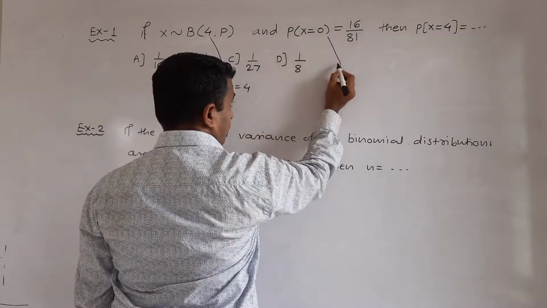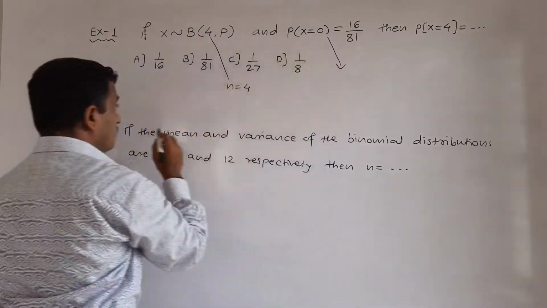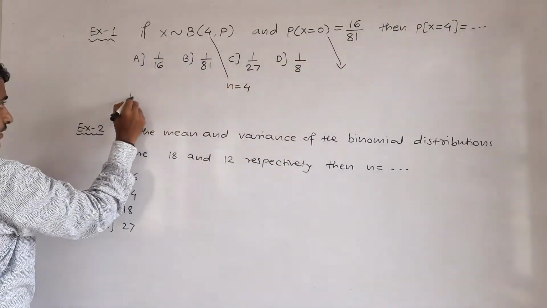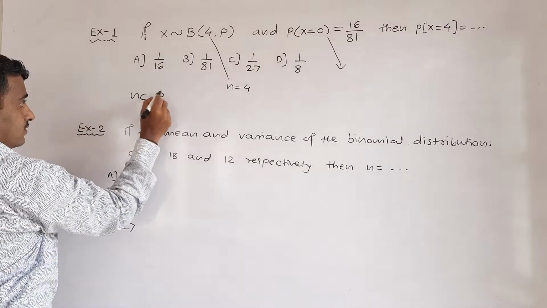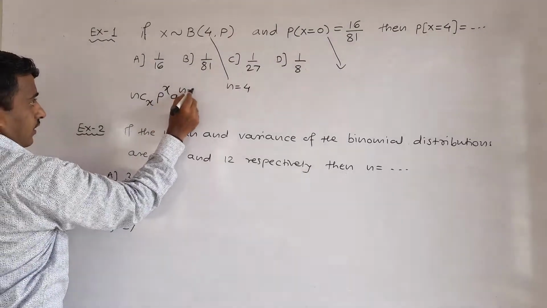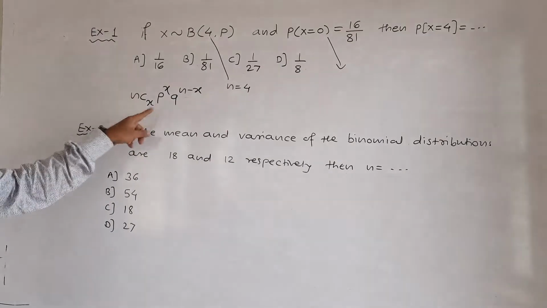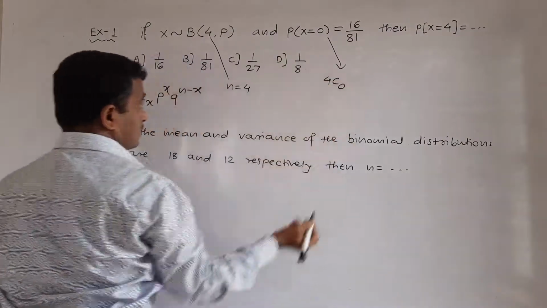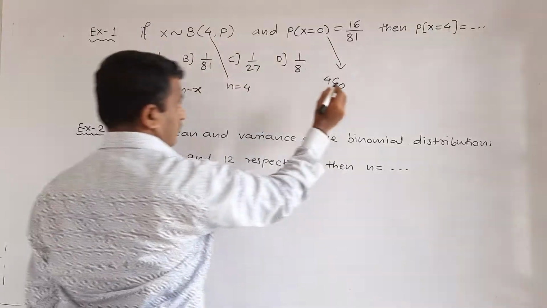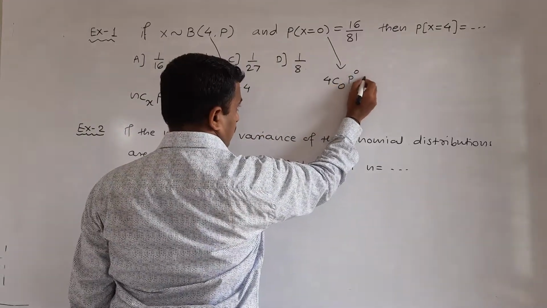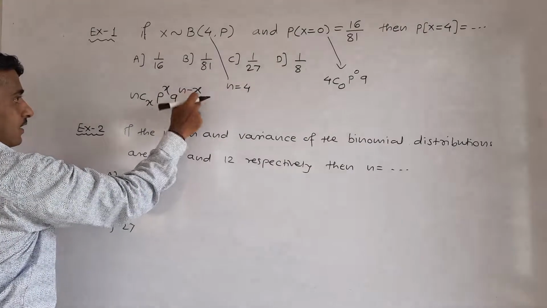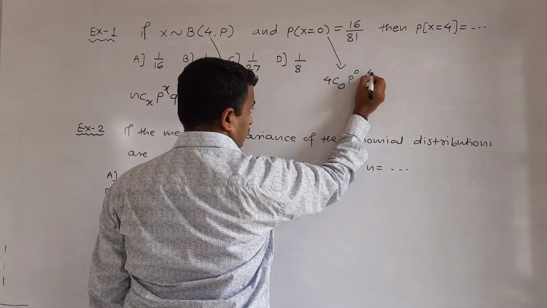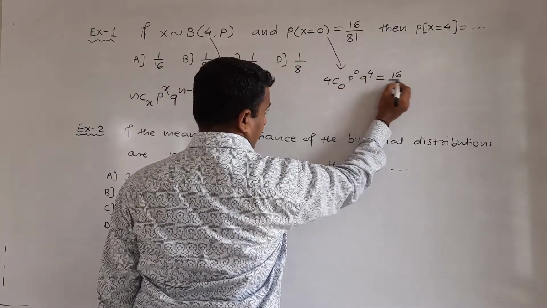I write from this nC0, this is just the formula, nCx p raised to x q raised to n minus x. For n is equal to 4 and x equal to 0, we get 4C0, p raised to 0, q raised to n minus 0, n is 4, is equal to 16 upon 81.